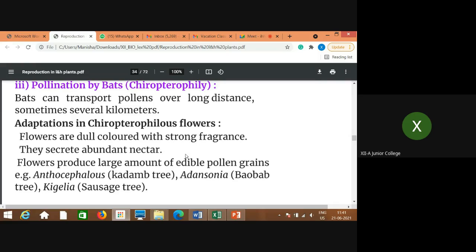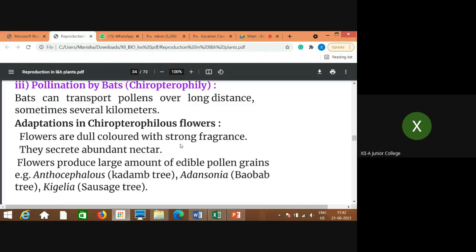How are the flowers made? They are dull colored but with strong fragrance, because bats' vision is very poor or not developed. These flowers are very dull colored, with no need to attract them, as the vision of these bats is very poor, very negligible, not functional.